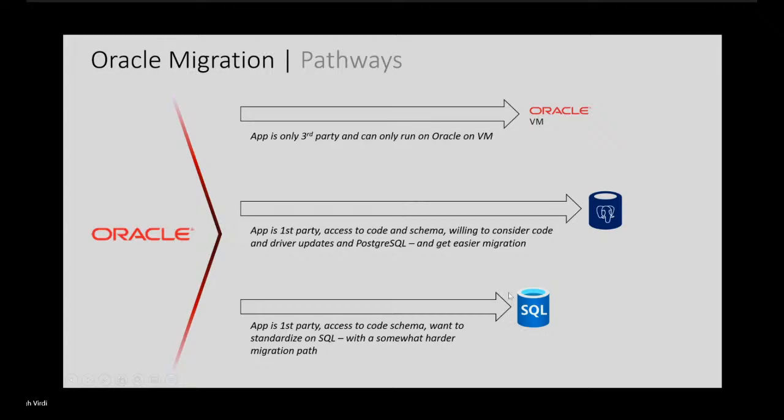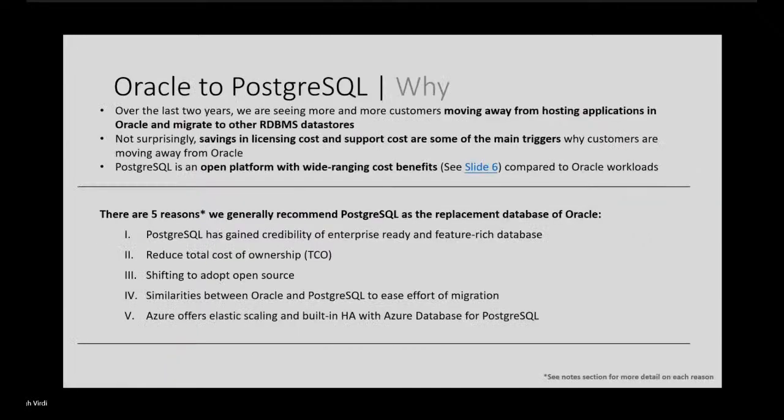But as I said, if it's an application where the customer owns the code, we have seen a close affinity for moving towards PostgreSQL. And why is that? We will come to that discussion in the next slide, right? So, Oracle to Postgres: why is this a more preferred choice?